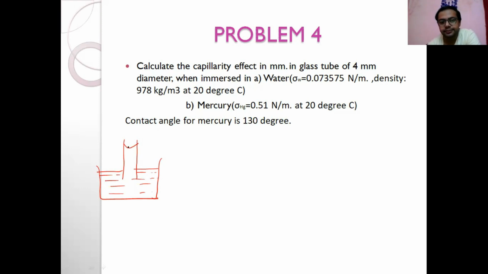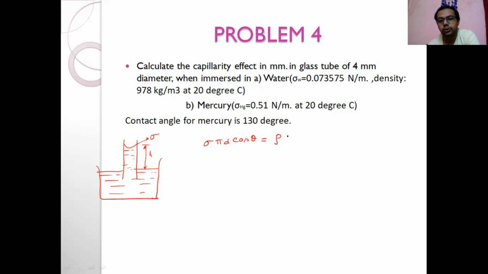To the surface is the capillary height, at the height H. So there is a sigma. So what is the upward force? Sigma pi d, where d is the tube diameter, and cos theta, is the upward force. The upward force is holding the extra weight of the liquid.